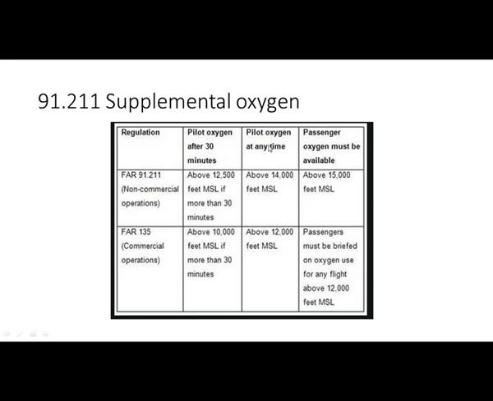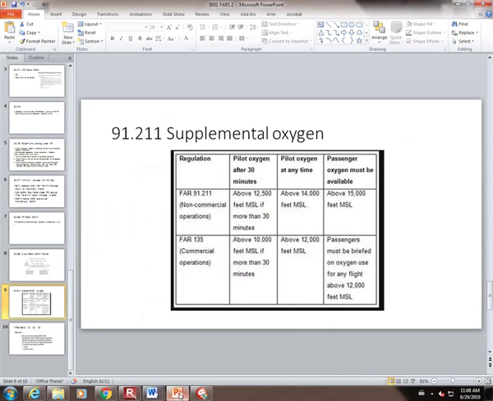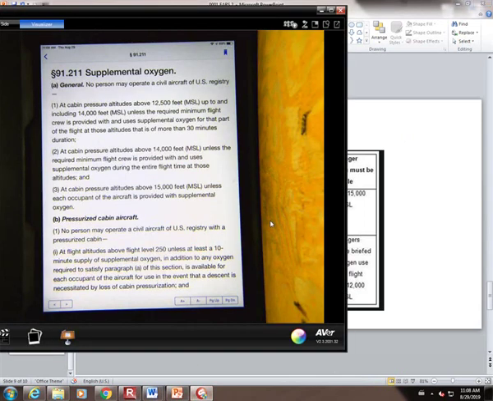You need to have oxygen anytime you go above 14,000, and then your passengers need to have oxygen anytime above 15,000. That's Part 91. When you get to your commercial, getting ready for your commercial check ride, then you get familiar with this. And that's the same that's on that chart.